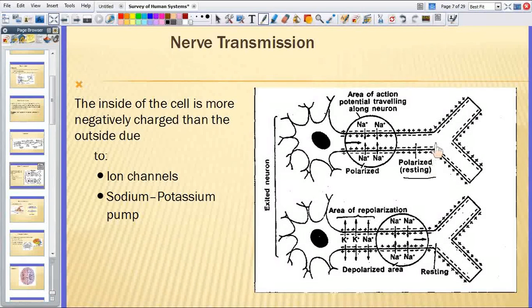So you see here we've got all these negatives in the middle and all these positives out here. This condition is described as polarized. In a polarized or resting condition, a neuron does not have a stimulus going through it. It's just sitting, waiting for something to happen.